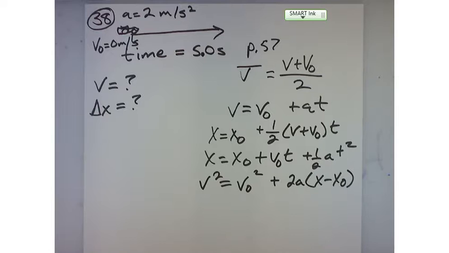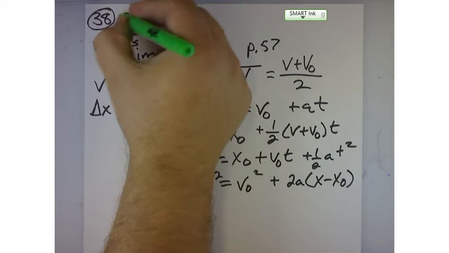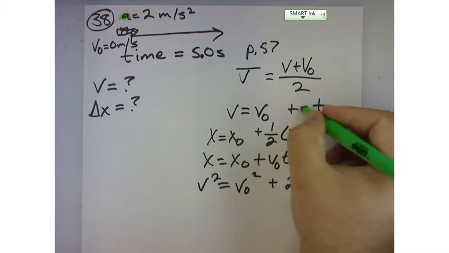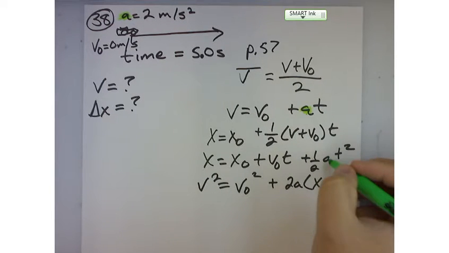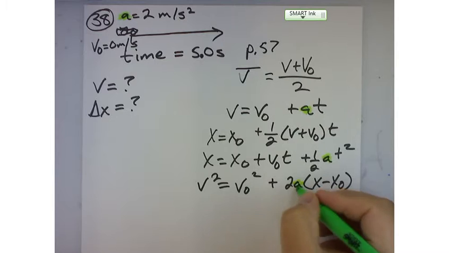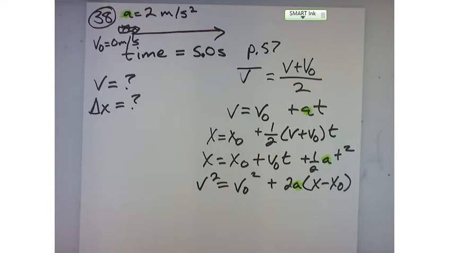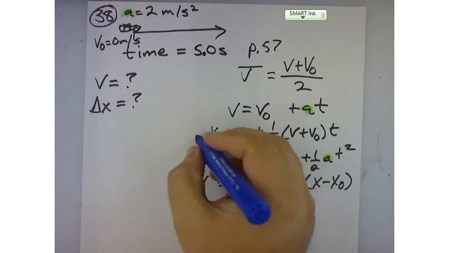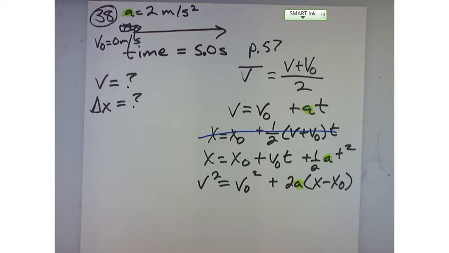Okay? So what we're going to do is look at all of these equations and see which one will work. Well, I have acceleration. I have that. So this is a candidate, this is a candidate, and this is a candidate. So right off the bat, I can see very clearly that because this equation doesn't have any acceleration, I can think of that as not being useful.